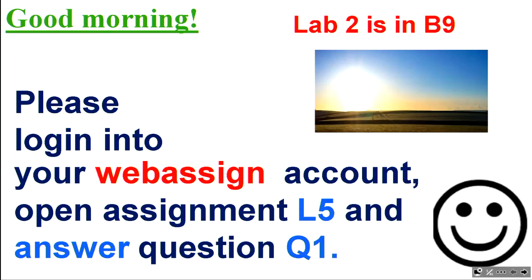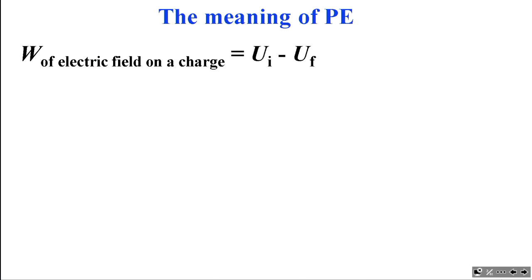And I still want to say one last word about the meaning of potential energy, because I feel like some people don't really have a grasp of what it is. And I'd like to start from a question.